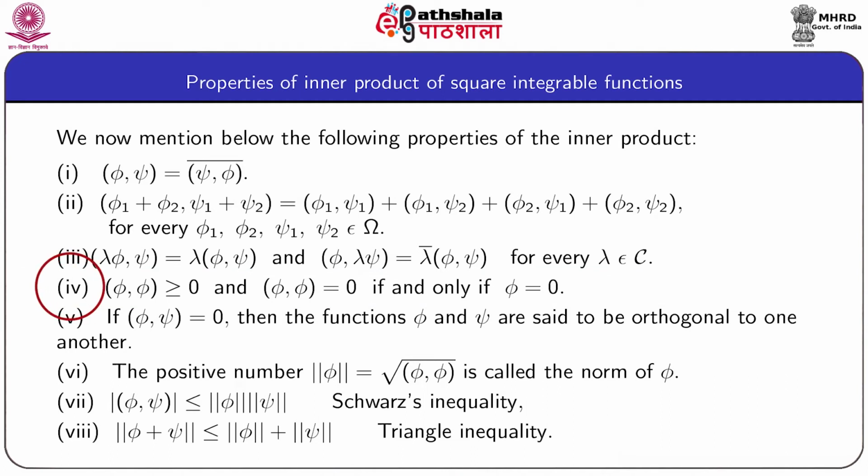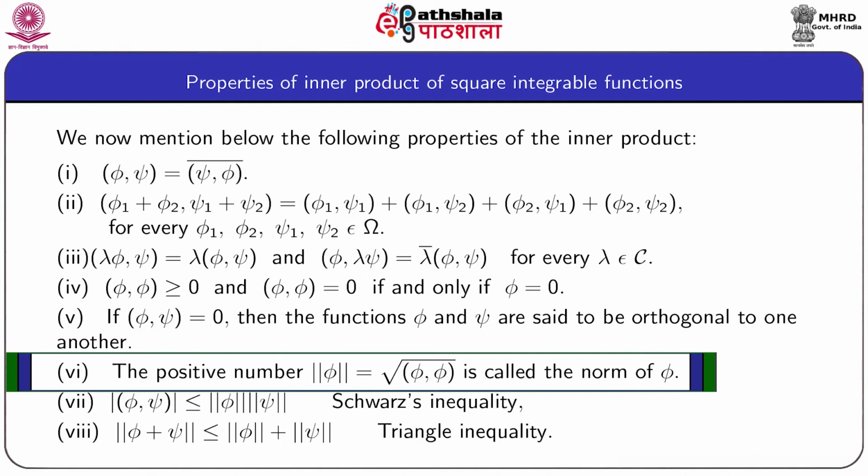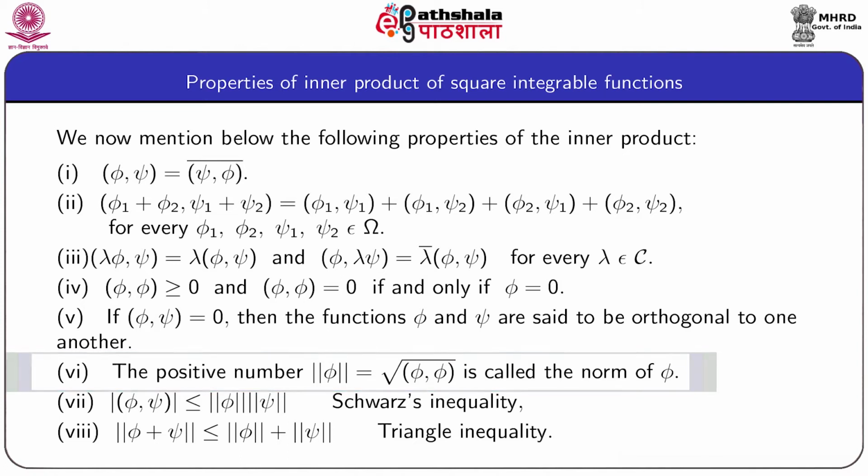Number 5 is that if the inner product of phi and psi is equal to 0, then we say that the functions phi and psi are orthogonal to one another. The sixth property is that the positive number norm of phi is equal to the square root of the inner product of phi and phi, and this is called the norm of phi.